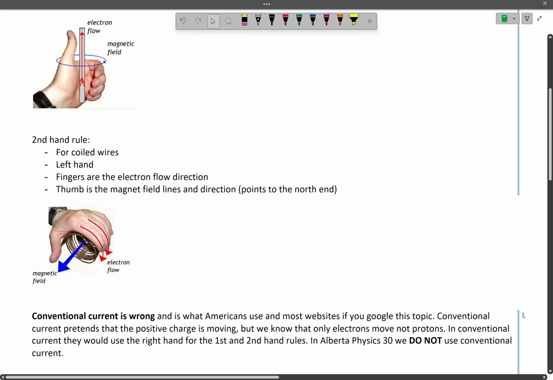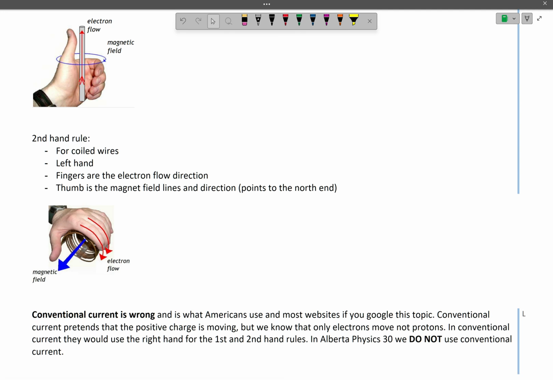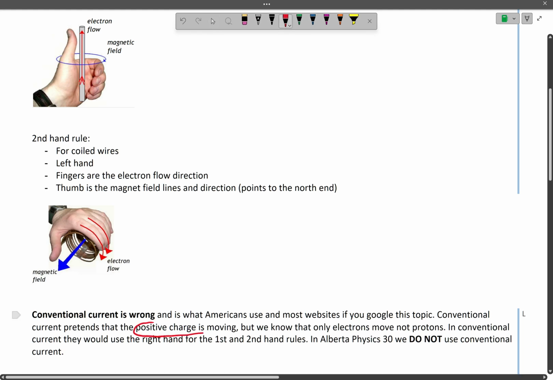Now, if you Google the magnetic hand rules, you will probably find a whole bunch of answers on other websites or other YouTube videos that are talking about conventional current. Conventional current is wrong. It is what Americans use and what many websites use, but conventional current pretends that the positive charge is moving, but that's simply just not true.